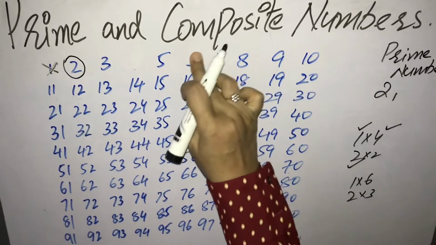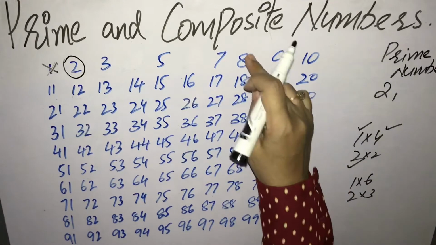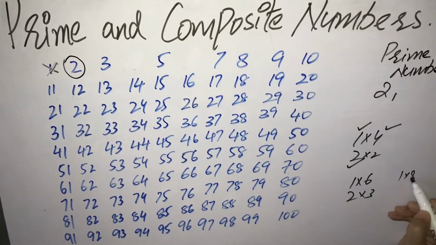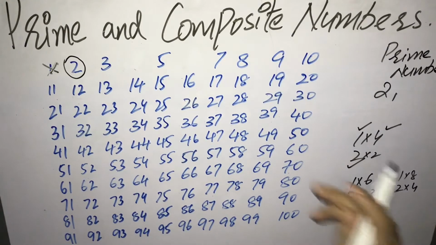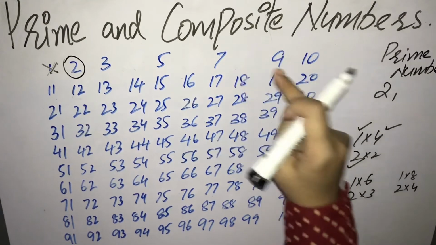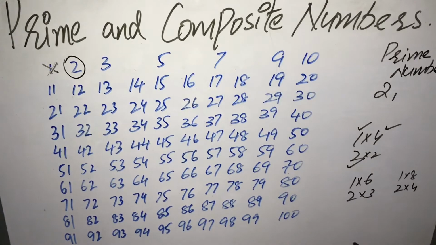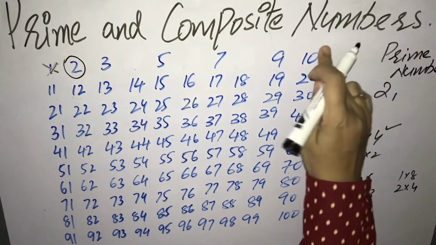So we erase 6. 8 has 1 into 8, 2 into 4, so it has 4 factors, 1, 2, 4, 8. Erase 8. All these numbers which I am erasing have more than two factors, so they are composite. 10, 1 into 10, 2 into 5, 4 factors, so I am erasing 10.